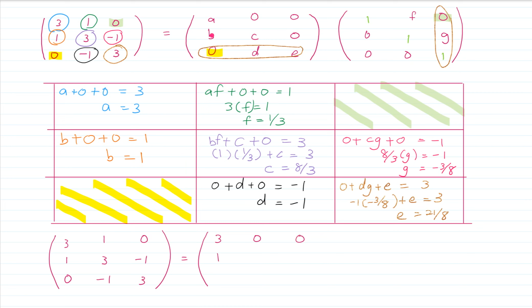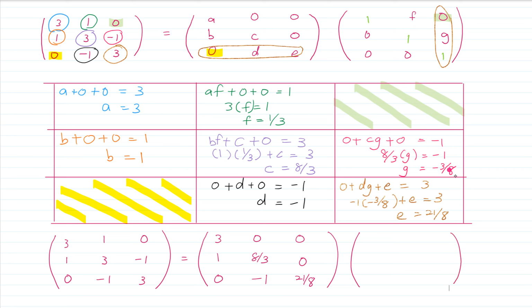B equals 1, right? C equals 8 over 3, 0, 0, D is minus 1, and E is 21 over 8.